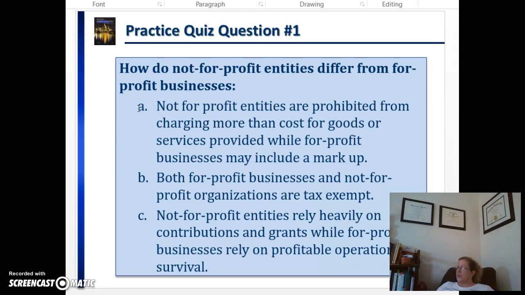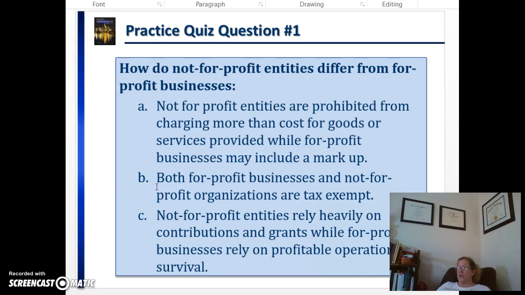Okay, so I don't really recall that they can't have a markup. It's not that they can't mark something up. It's just that whatever money they do make or receive has to go to provide the service that they're in the business of providing. So I don't think it's A. B says both for-profit businesses and not-for-profit organizations are tax exempt.